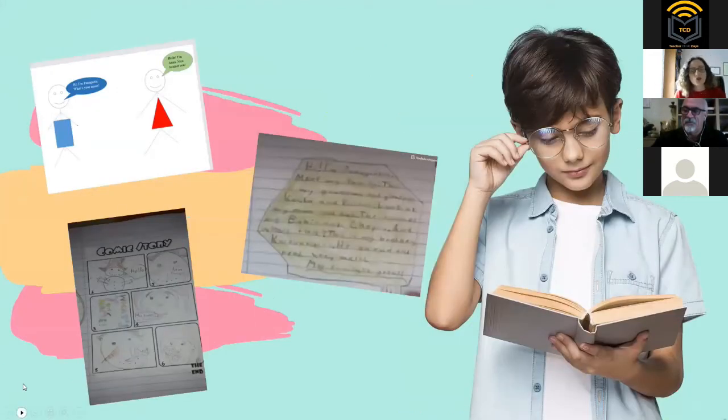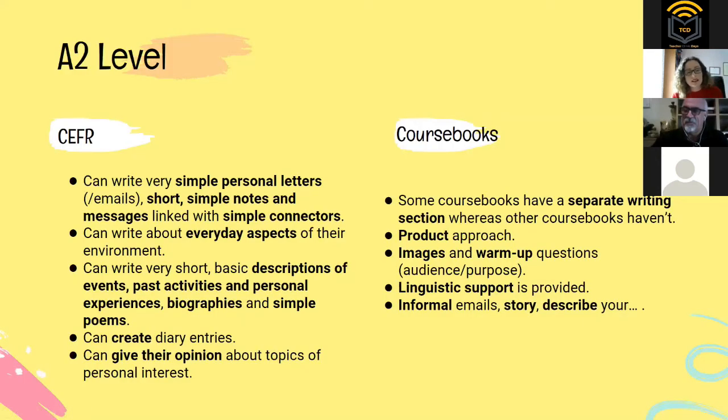And let's move on to A2 level. At A2 level, they can still write very simple personal letters and emails, more structured text, short notes and messages. They can write about everyday aspects. However, they can use the past simple or past continuous in order to narrate a story or describe past activities.